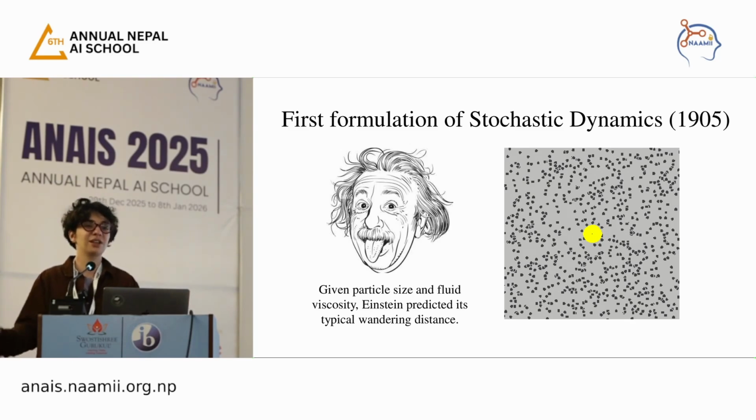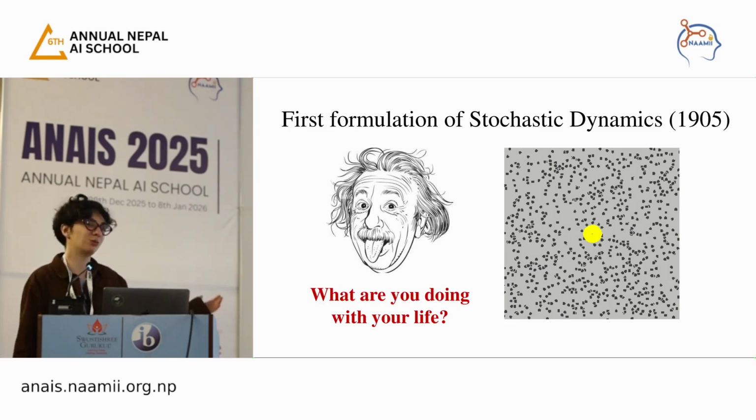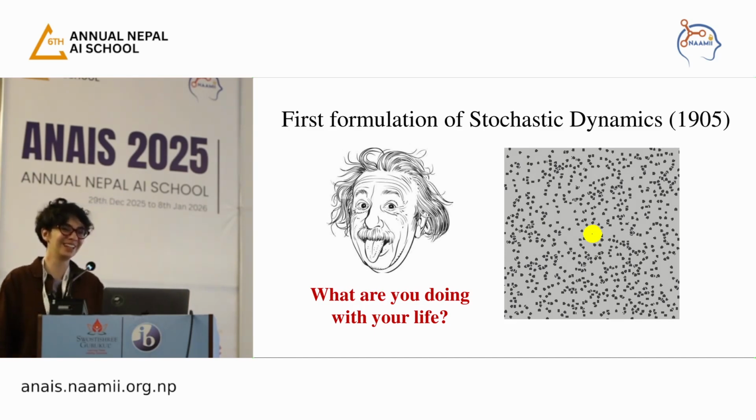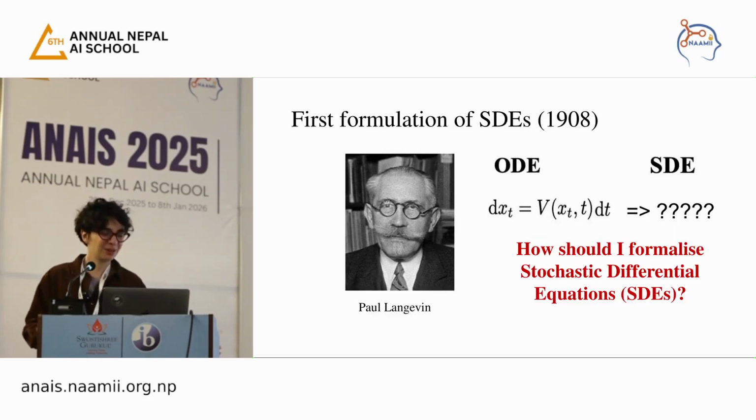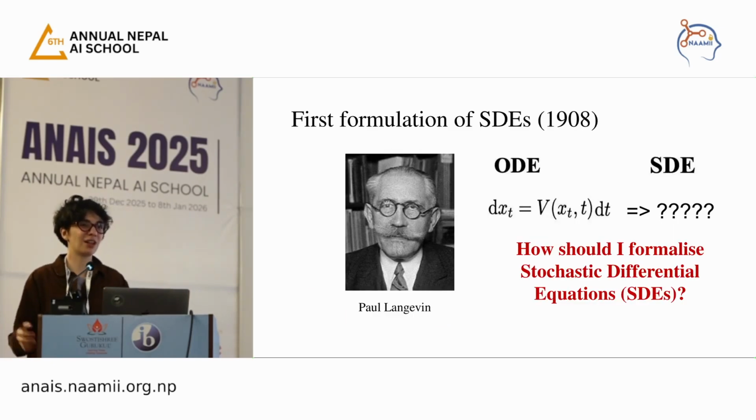And yeah, after that we all know what he did, but this is what he did for his PhD and to this day I'm wondering what am I doing with my life. But okay, as we all know, Einstein wasn't a very good mathematician. Like he was always employing other people to do his math. So of course there had to be another guy who actually did the formal work.